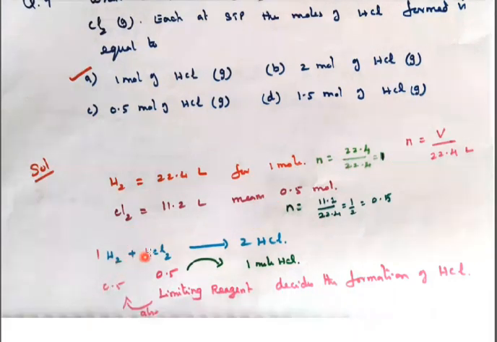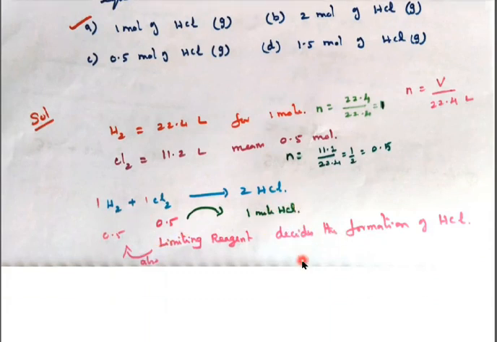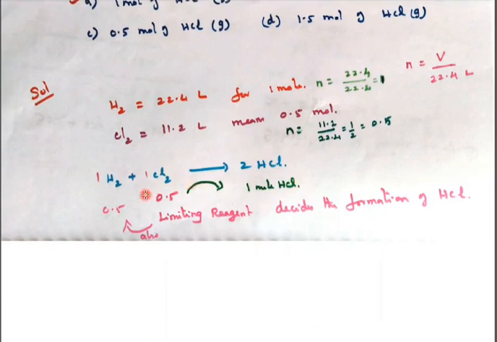Here H2 plus Cl2 gives 2 HCl. So 0.5 H2 plus 0.5 Cl2 is equal to 1 mole of HCl. Here hydrogen is 1 and chlorine is 0.5. So this 0.5 is nothing but the limiting agent.